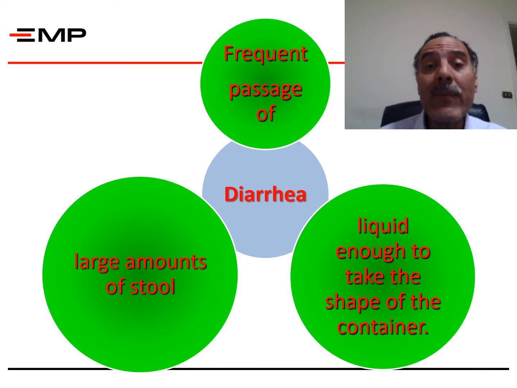For example, in formula feeding, anything more than 3 times is high frequency. But in breastfeeding, we can find normal frequency up to 10 times per day. So, in breastfed infants, the definition of frequent stool passage is more frequent than his normal habit.